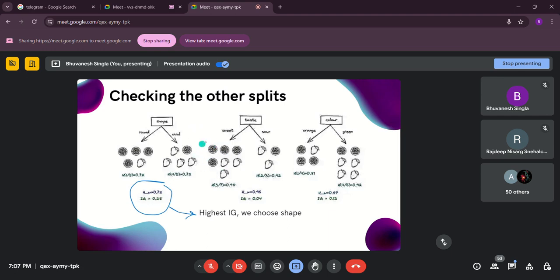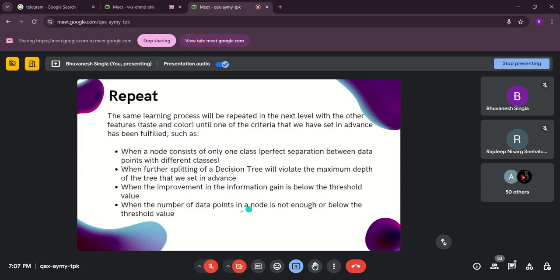So you can't really rely on this. So this is what you mean by the number of data points in a node. So you can set a threshold value for this as well. All these three, the maximum depth, the threshold for information gain, and the threshold for number of data points in a node, are all hyperparameters that can be set by the user or the programmer itself.